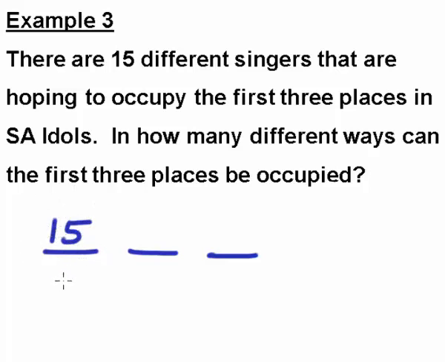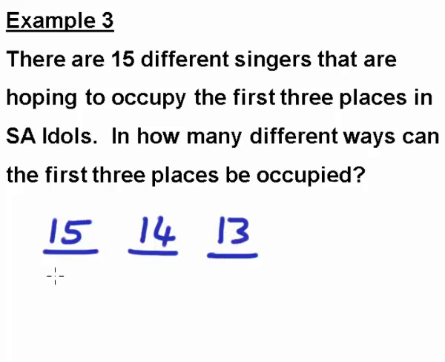But once you have selected a winner, 14 people could be in the second place. Now, of course, you've got your second place position, so now 2 people are out of the equation. So it means that for the third position in Idols, there are only 13 possibilities there, and one of those 13 will win.